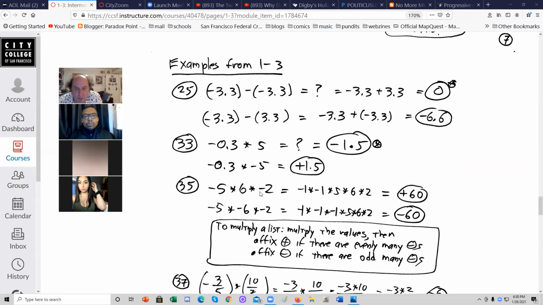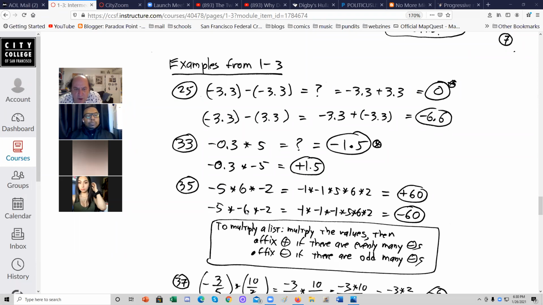Now here we have a bunch of numbers multiplied. If you want to multiply the numbers, you put a positive sign if there are evenly many negatives, and you put a negative sign if there are odd many negatives. You have negative 5 times 6 times negative 2. An even number cancels out, so you get positive 60.